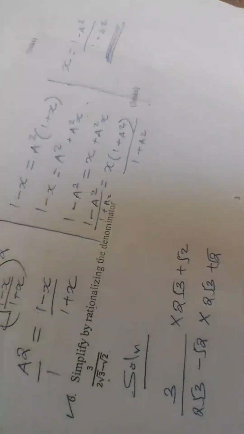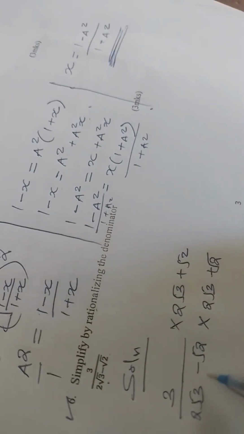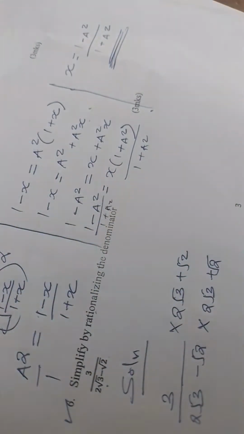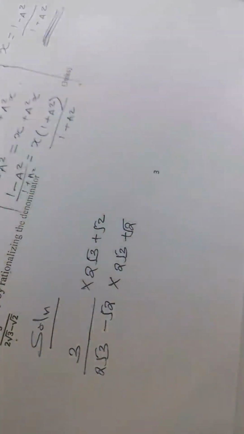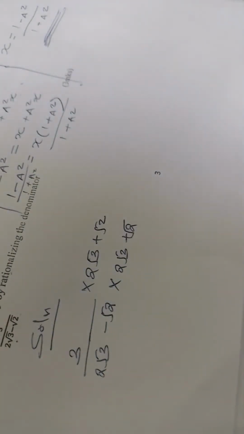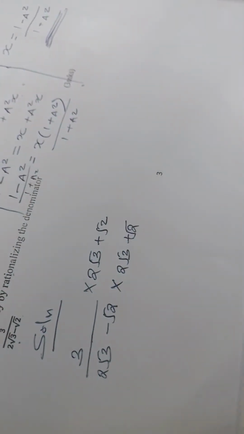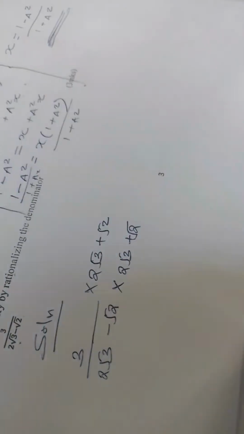That is the conjugate of it, meaning we have to change the sign here. If it is negative, you put it positive. If it is positive, put it negative. So it's a matter of changing the sign so that you can get the conjugate of the denominator, because now we are in the process of removing the root sign in the denominator. So that is the meaning of rationalizing. We are supposed to rationalize the denominator.